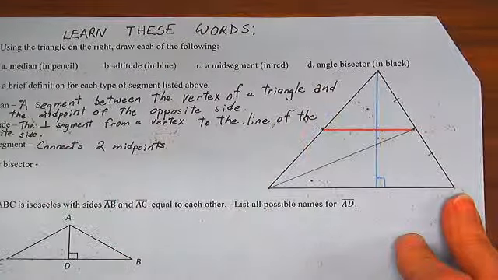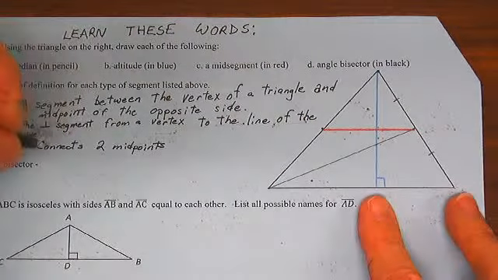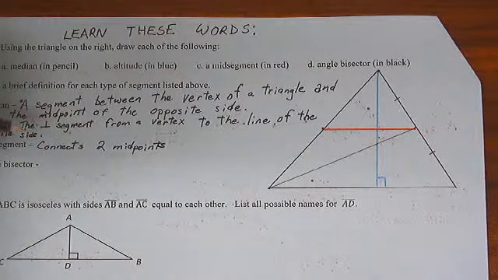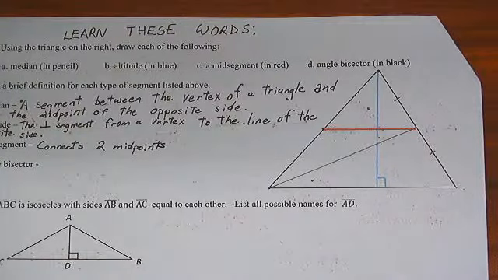However, an angle bisector is simply the ray that divides an angle into two congruent angles. So are we given a definition of an angle bisector?